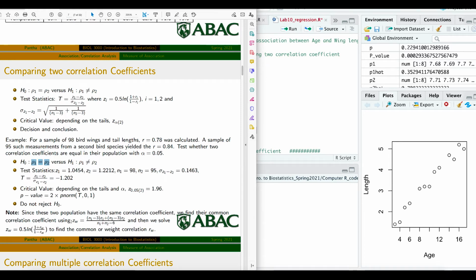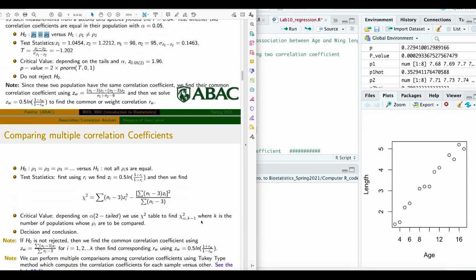So we can find their common correlation coefficient using G sub W equals (N1 minus 3 times G1 plus N2 minus 3 times G2) divided by N1 plus N2 minus 6. First of all, you find out G_W using that, and then use that G_W here and solve for R_W. That will be the common weighted correlation, R sub W.